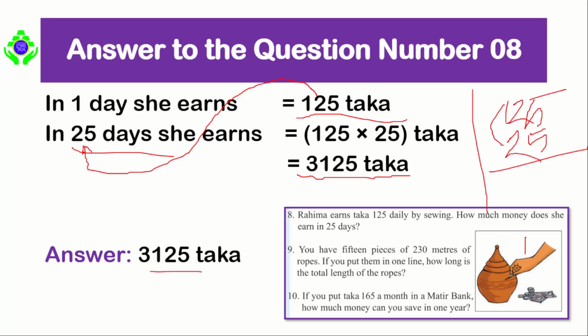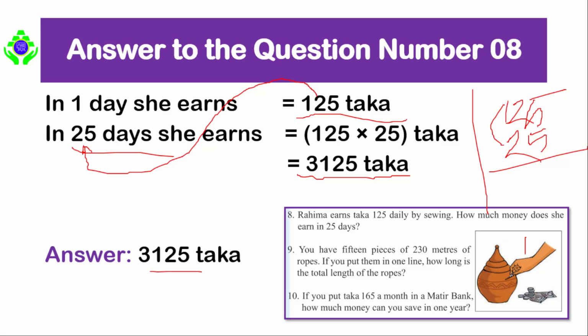Now you can ask how I can multiply this 125 with this 25. Actually, I'm making a rough working on my right side, which you can do in your notebook. As I'm writing with my mouse, my writing is very ugly, so please forgive me.